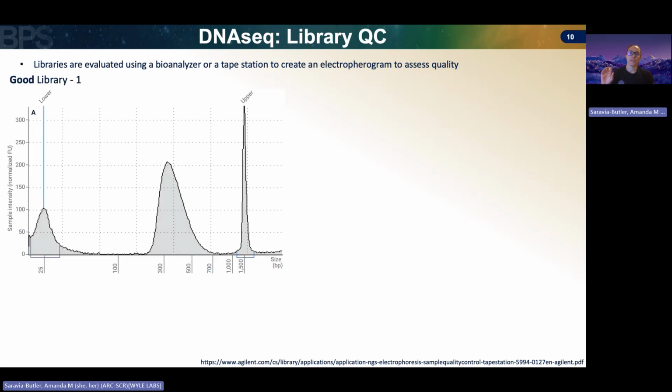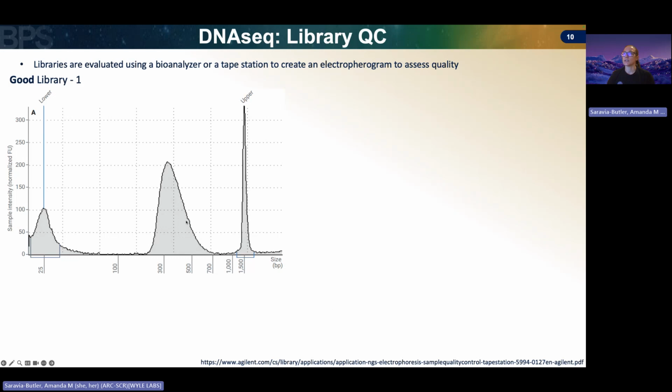And so this here is showing what a good library looks like. So this is what we're going to expect from our libraries. We should see our low end marker as well as our high end marker that was used to determine the size. And then also we should see one single peak. Usually, it's going to be spread. It's not going to be very sharp peaks, so kind of broad. And this would be the range of the sizes of our libraries for our sample.